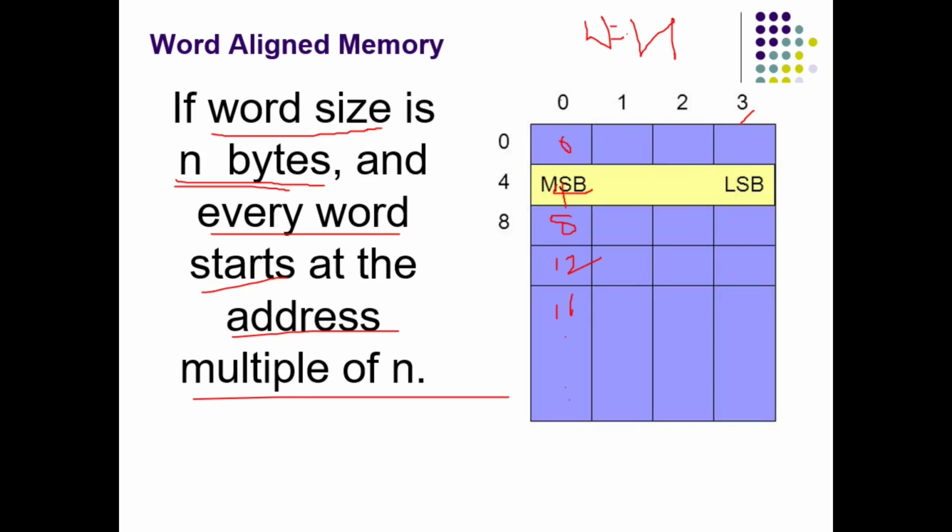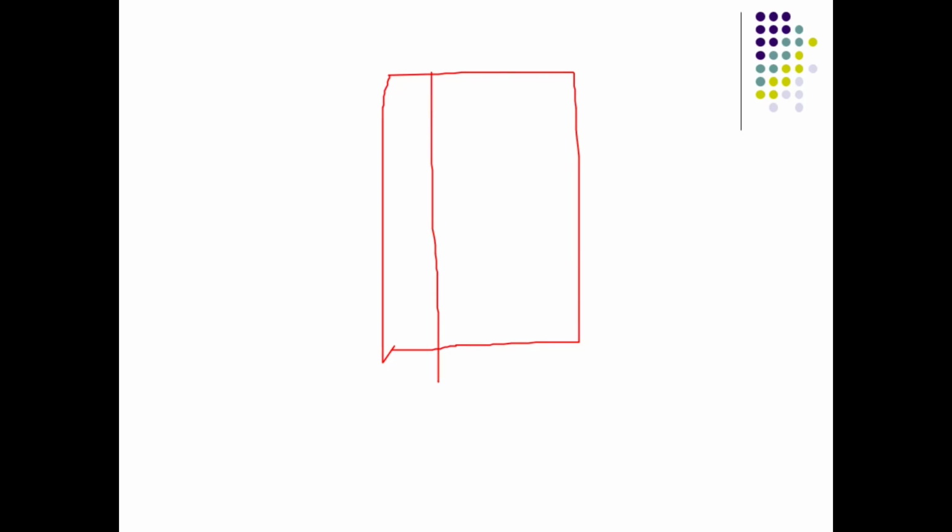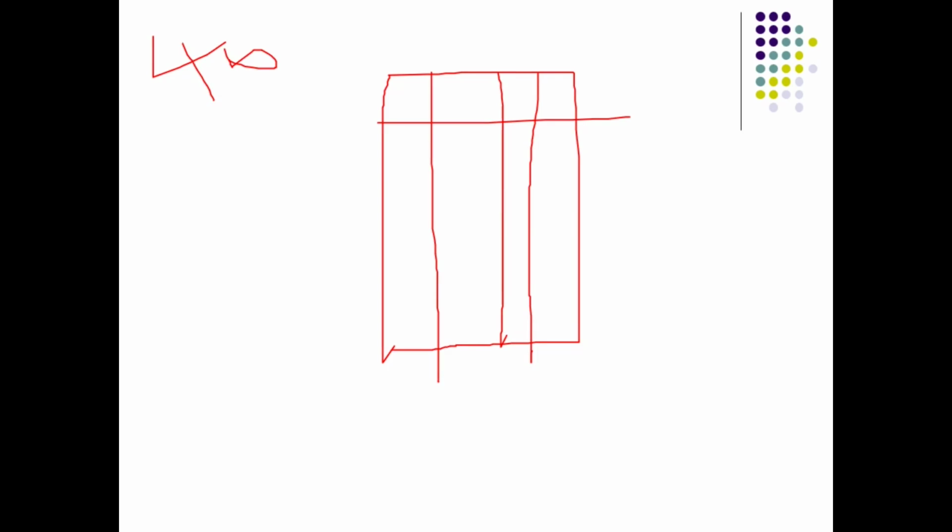Now if you ask what non-word aligned memory is, it is where we don't have word addresses like this. Let us see an example of non-aligned memory. Here my word size is 4 bytes. These are the words. The first word contains 4 bytes, 0, 1, 2, 3. The word starts at 0. Then here it is 4, 5, 6 and 7.